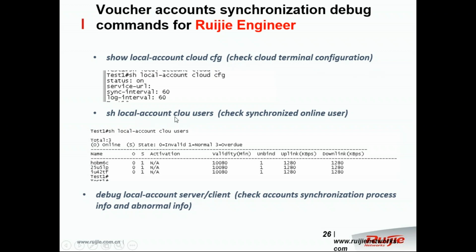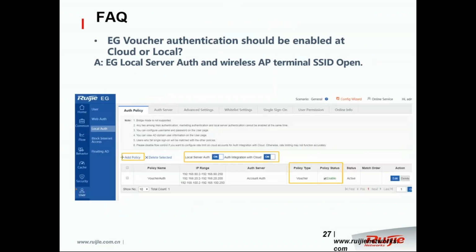The local account users command can display the user state, and also the debug command. So when you show this state, you can send it to our research guys, and they will analyze these things. So these 3 commands you just need to know, and when you have some bug, you use them and then collect the information for our research guys.